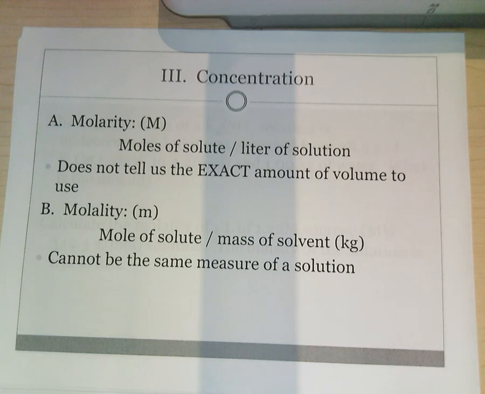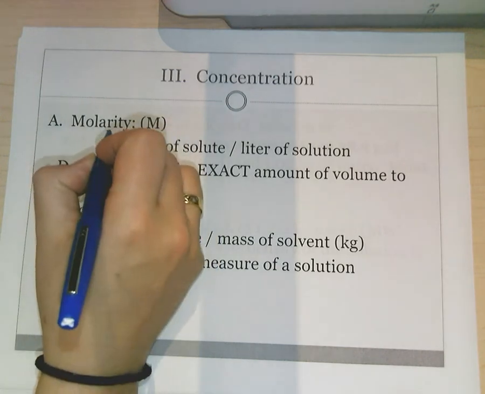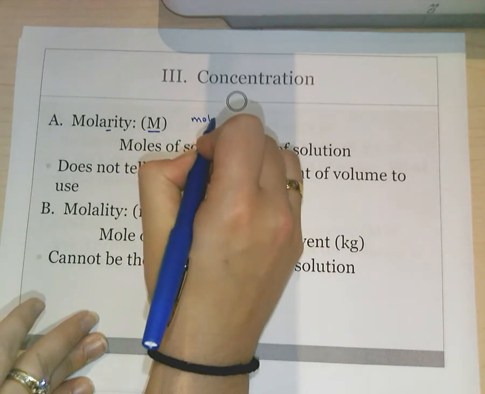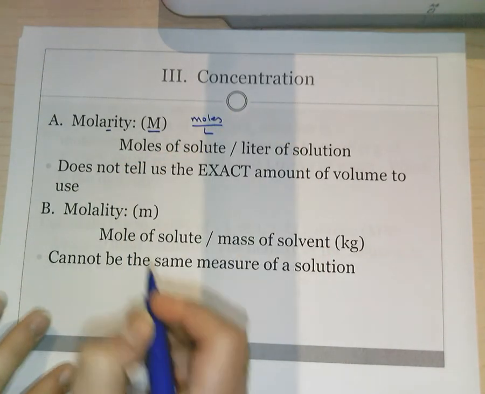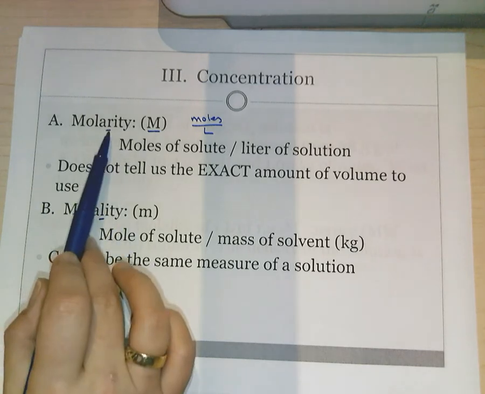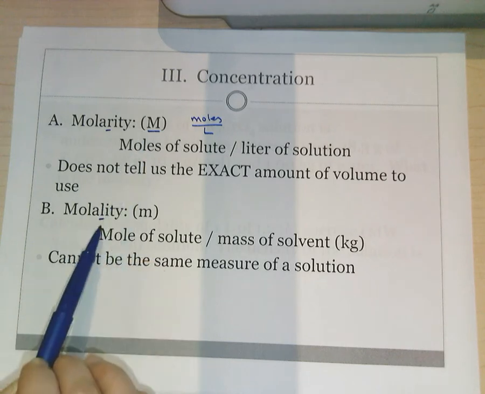So molarity, with the R, has the big M, which is moles per liter. Molality, with the L, bless you, is a small m. So as you're reading questions either in the textbook or online, pay attention to whether it's asking for the molarity with the big M or the molality with the little m.